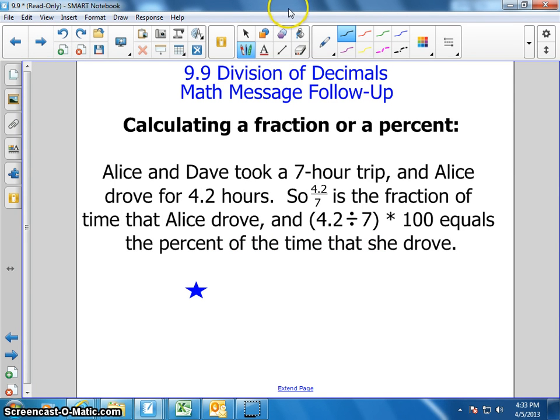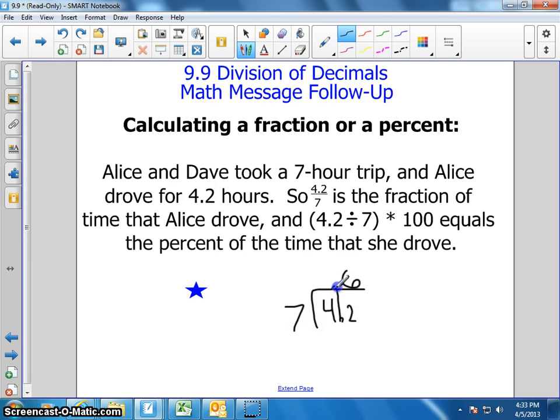We can also take a look at this like a word problem. So if Alice and Dave took a 7-hour trip and Alice drove for 4.2 hours, what is the percentage of the time that she drove? And remember, when thinking in percents, everything has to equal up to 100. So it has to be less than 100%. So we would do it the same way. 4.2 divided by 7. And once again, we know the answer is 6.